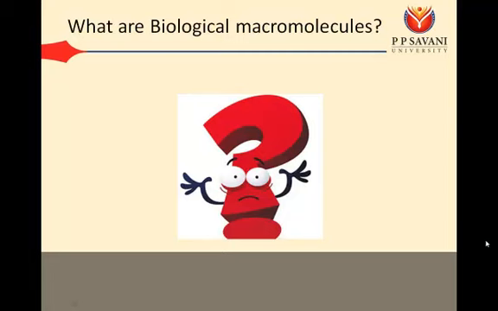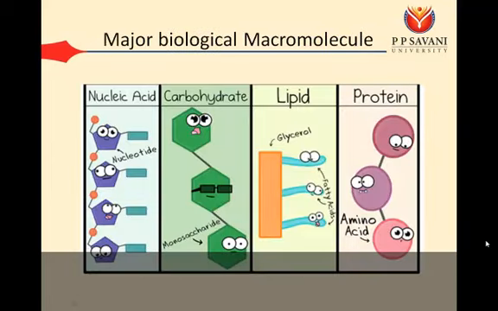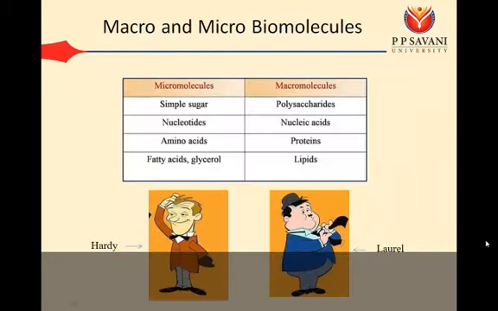After understanding these three words individually, let's try to define it. So now, biological macromolecules are defined as large complex molecules produced by living organisms. There are four major types of biological macromolecules. First is nucleic acid, second carbohydrate, third lipid and fourth proteins.